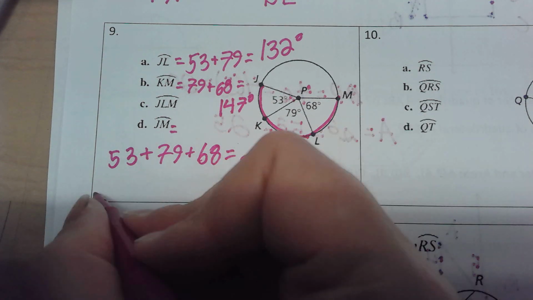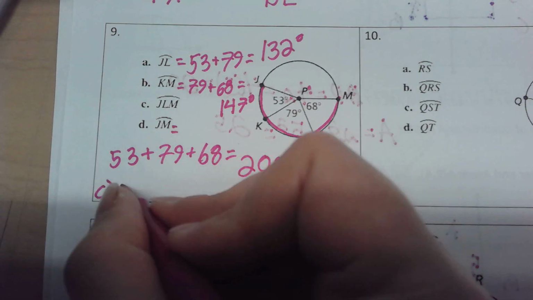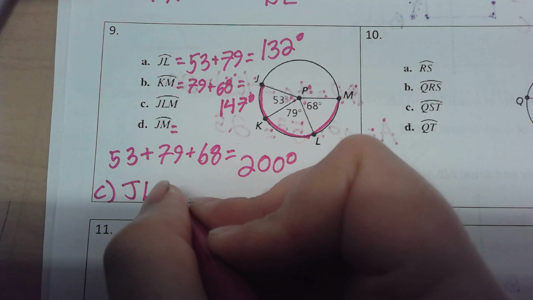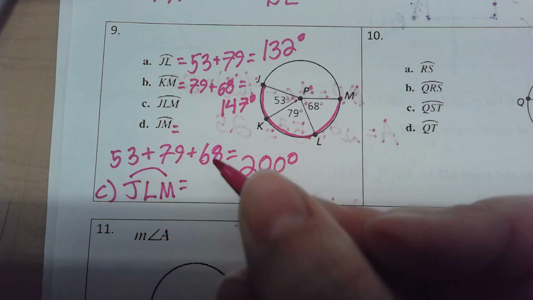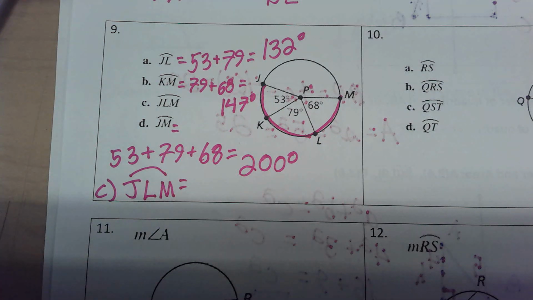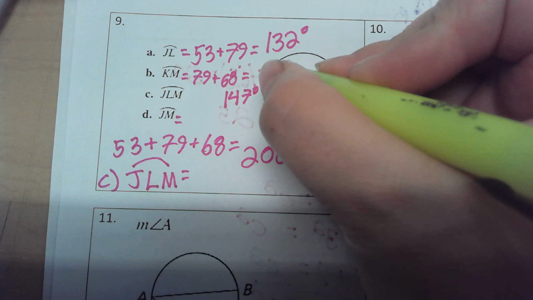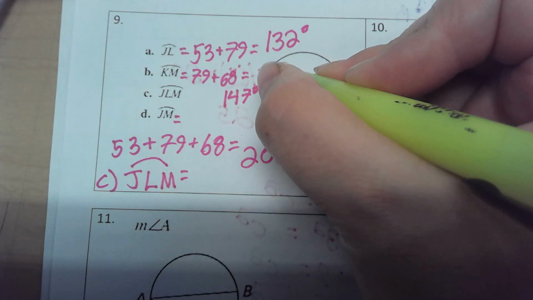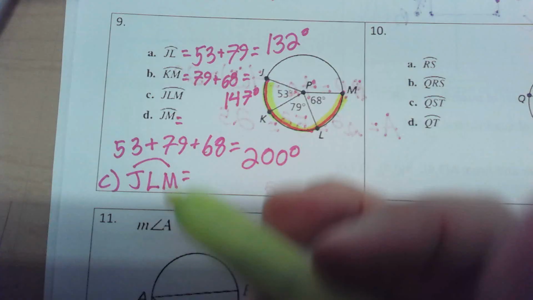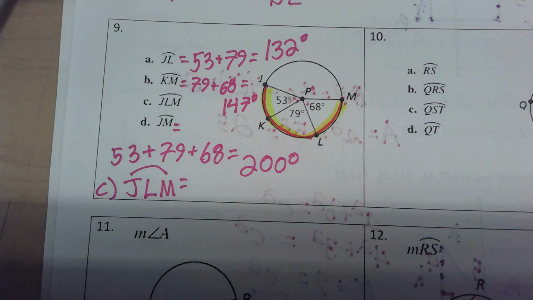And then if we're going to do C, so JLM, that one, everybody. Oh, actually, everybody, that would be the one that's 200 because it would be that way.